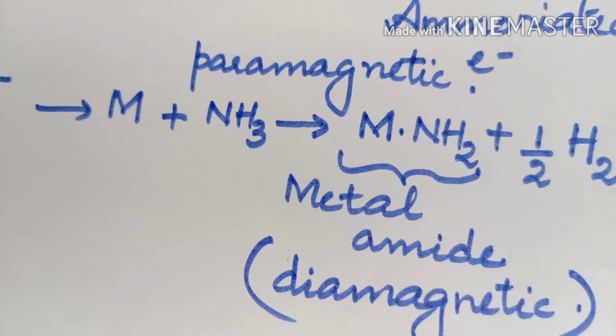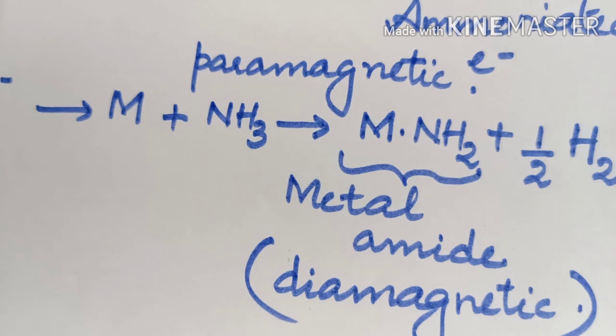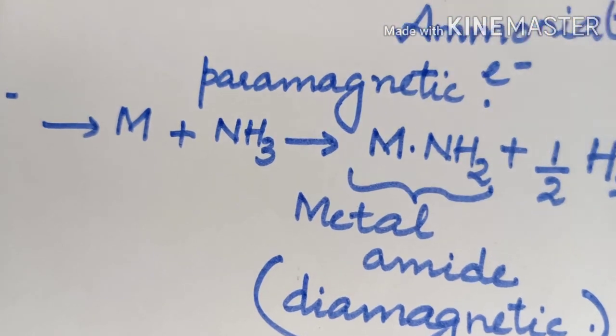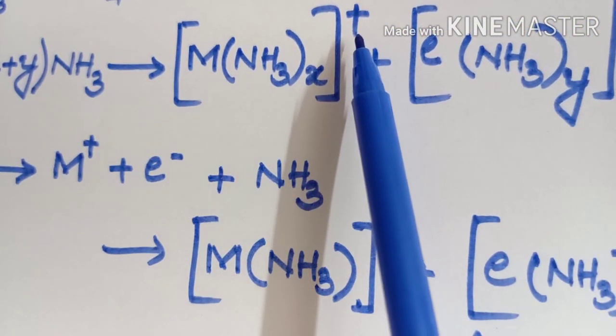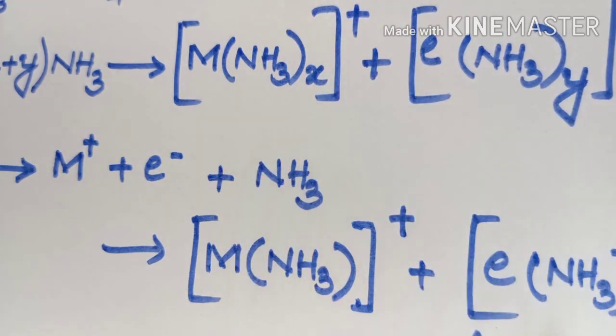So initially, when an alkali metal is put in ammonia, it forms a deep blue solution. When it is in the concentrated condition, on standing, it liberates hydrogen gas with the formation of the metal amide, and it forms a diamagnetic solution. The same is true with alkaline earth metals. So instead of forming the unipositive ion, there it forms a dipositive ion.